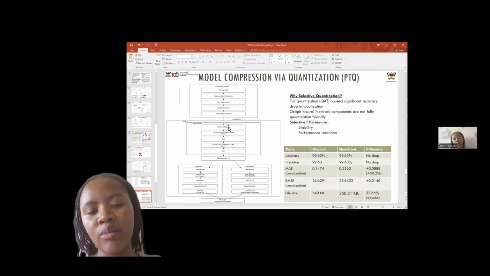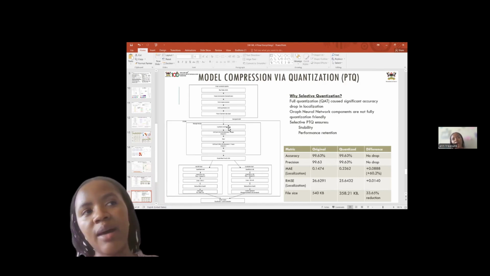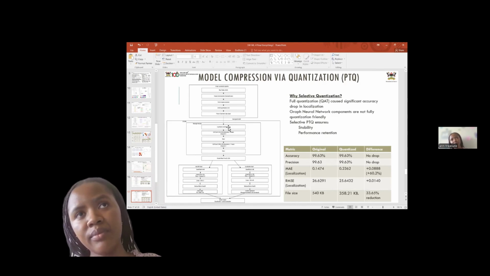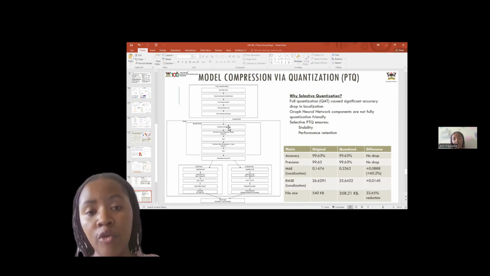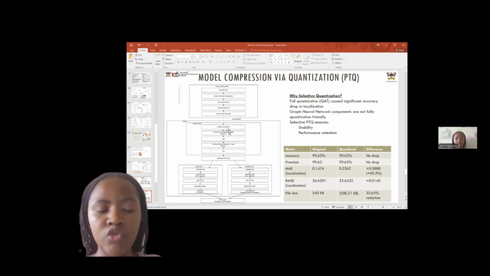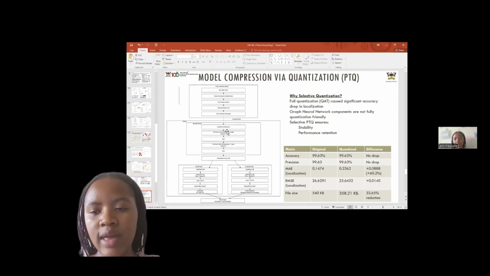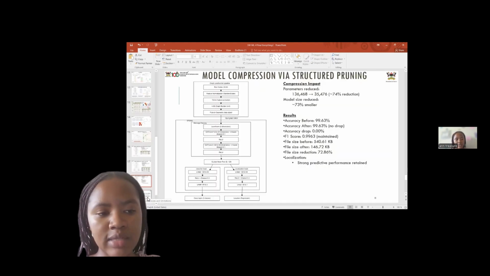Mainly what it does is reduce the precision of the weights in order to reduce the size of the model. So with this, we were able to attain a 33% reduction in the model size.